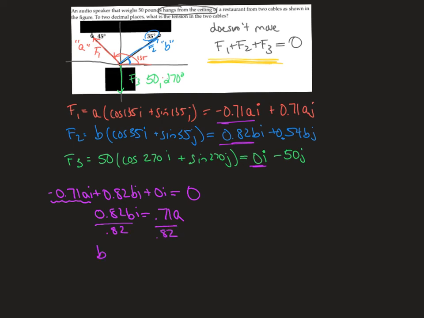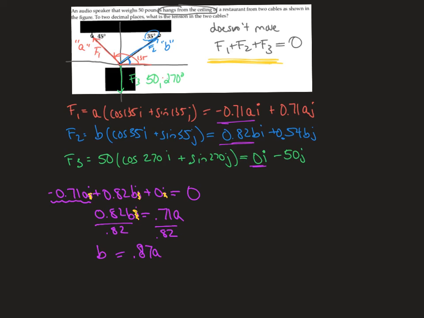By the way, guys, I'm sorry, you don't have to put the I's in there. So just cross off those I's. You're really just taking the numbers in front of them. So B equals 0.87 A.